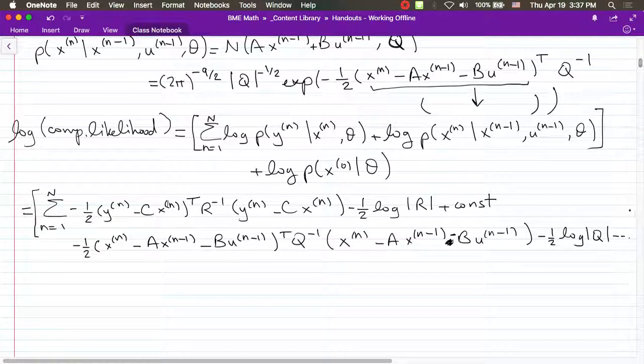Okay, so that's these two terms here. Then I'm going to have a third term, plus minus 1/2 log of this, which is x of 0 minus my prior, x of 0 given 0, transpose, times my prior uncertainty.